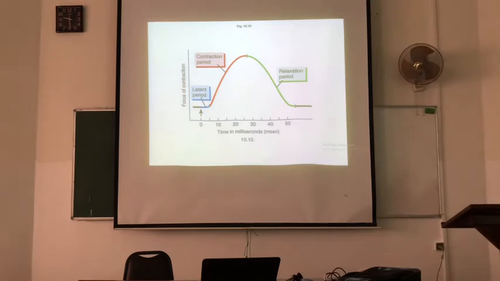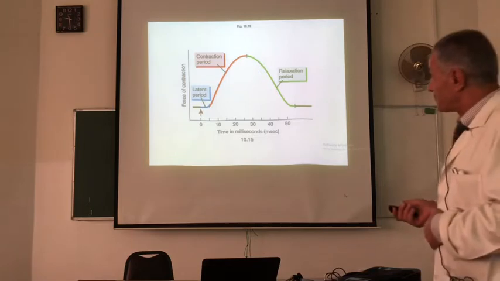At the start of contraction, we have started the release of calcium and increased the calcium concentration in the sarcoplasm, to get the interaction between thick and thin filaments. Any event that happens before that takes place in the latent period.